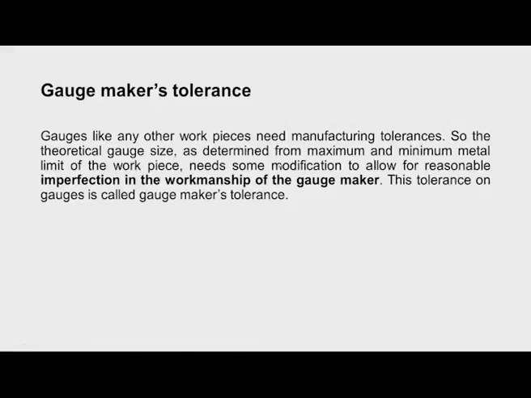We would produce the gauges exactly to the maximum and minimum metal limit workpieces as suggested by the gauge designer. So in order to achieve economy, some modification is allowed for reasonable imperfection in the workmanship of the gauge maker. So this tolerance on the gauges is called gauge makers tolerance.